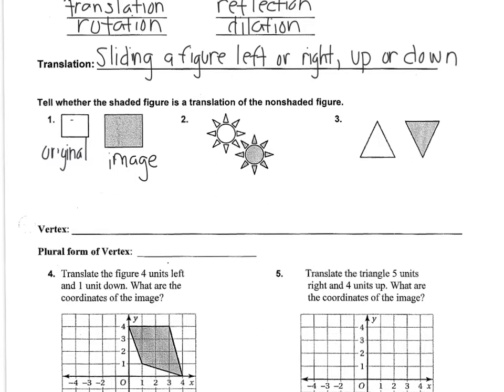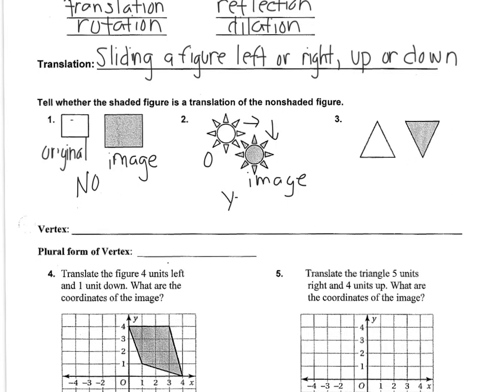If we look at the rectangle, it is not a translation because the figure is only being made larger. If I look at the sun, the second image, the original sun, and I compare that to the image, I can see that it is being translated because it is being moved to the right and then down.